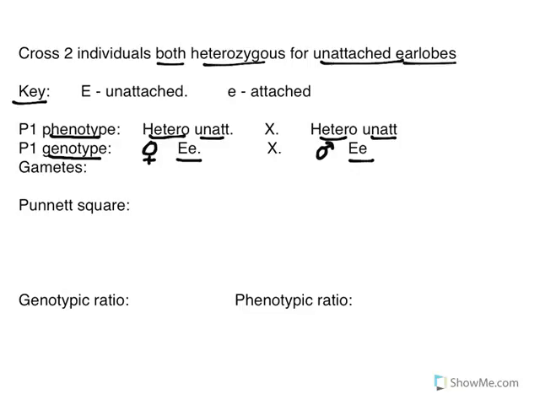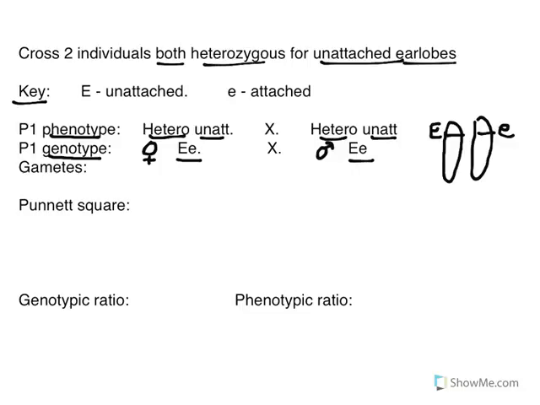The next step is to indicate what gametes are going to be formed by each of these individuals. Well, remember, these letters are representing alleles or genes that are carried on the homologous pair of chromosomes.